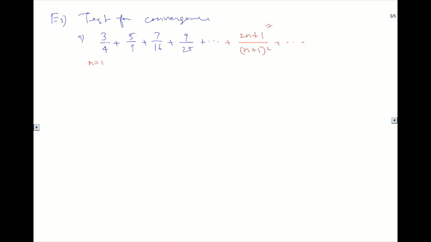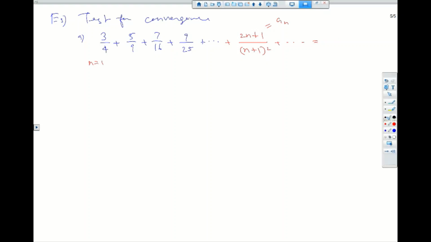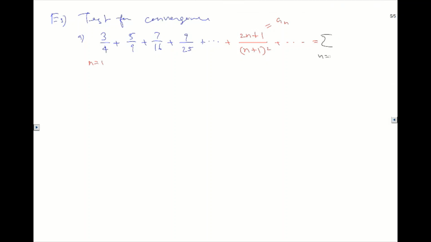That's the a_n. So if you simplify this, you can write this series as the sum from n equals 1 to infinity, where the top is 2n plus 1. It's a good idea to expand the bottom. So it is n squared plus 2n plus 1.